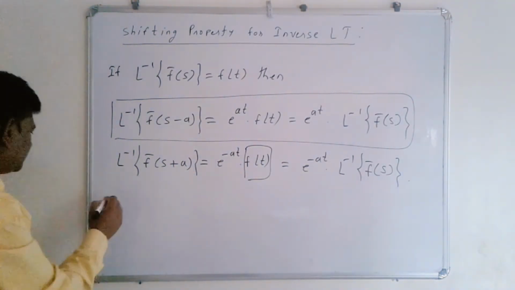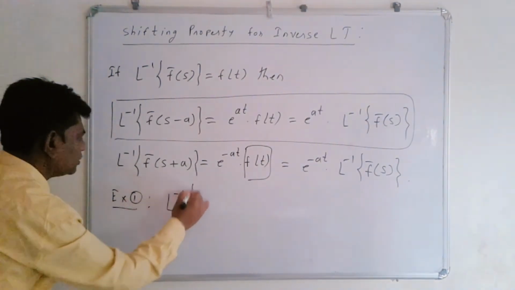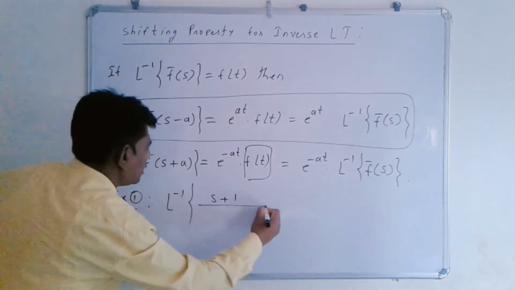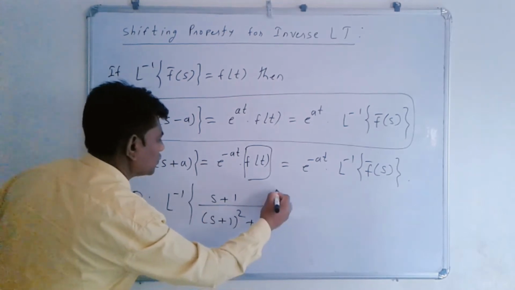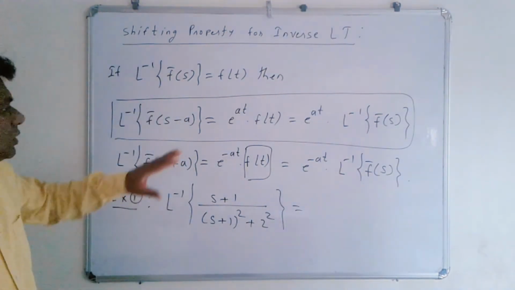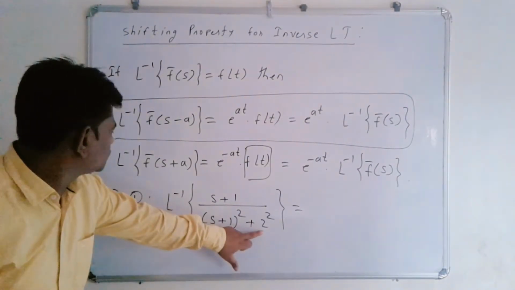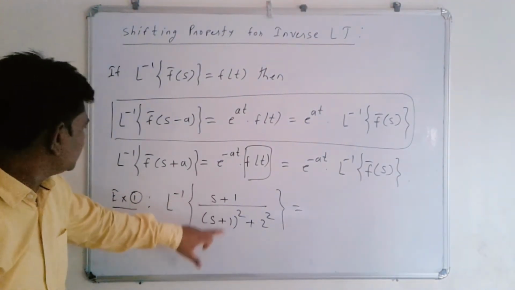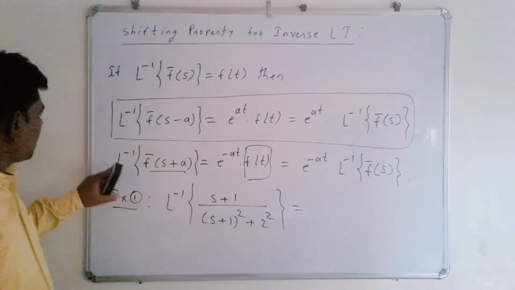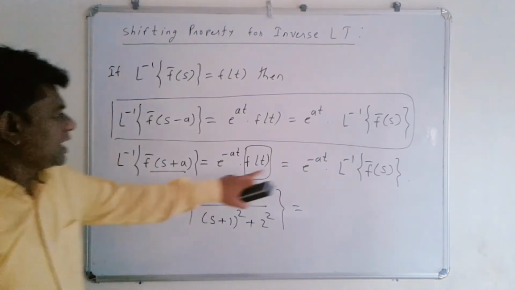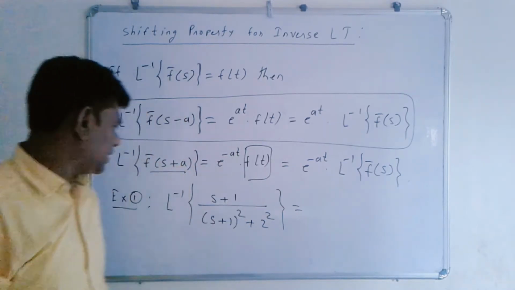This is the shifting property for inverse Laplace transform. Now, for example, inverse of s plus 1 upon s plus 1 whole square plus 2 square. Now this s plus 1 upon s plus 1 whole square plus 2 square is in the form of f bar s plus a, and inverse of f bar s plus a, answer is e to the power minus at times L inverse of f bar s.